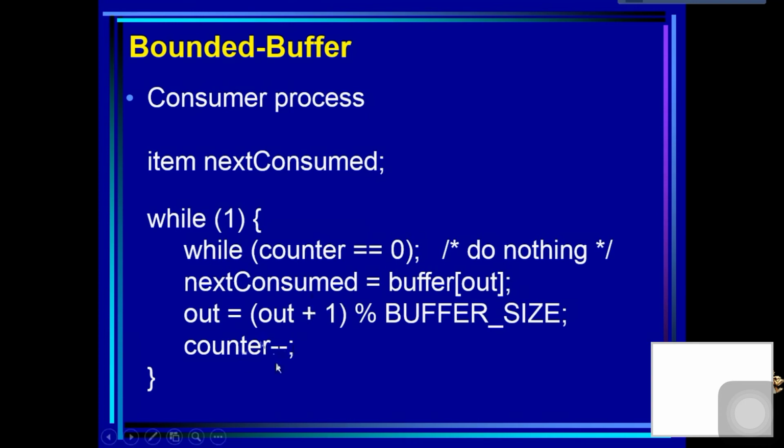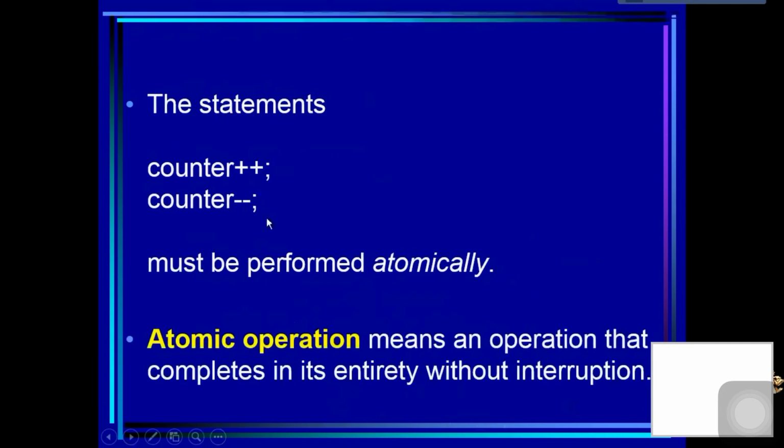Then the counter is decremented by 1 to represent that there is one less item in the buffer. Okay, so we can see the statements counter plus plus and counter minus minus must be performed atomically.